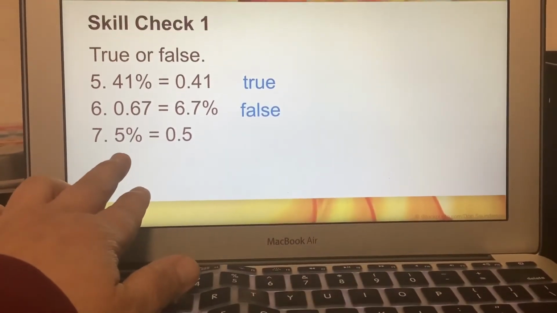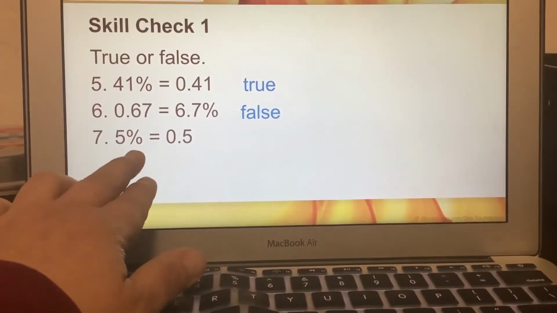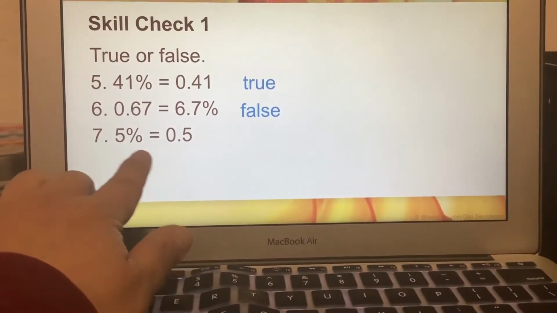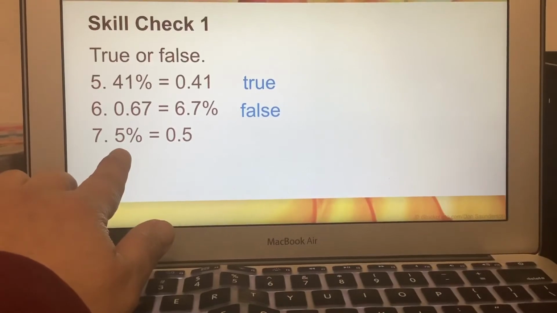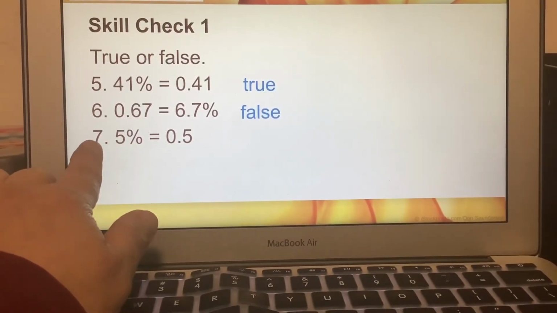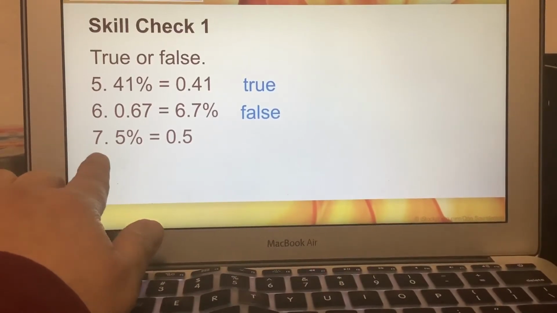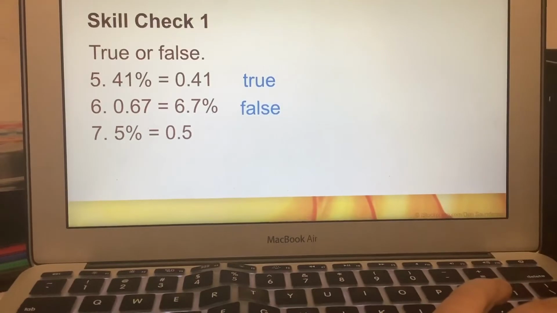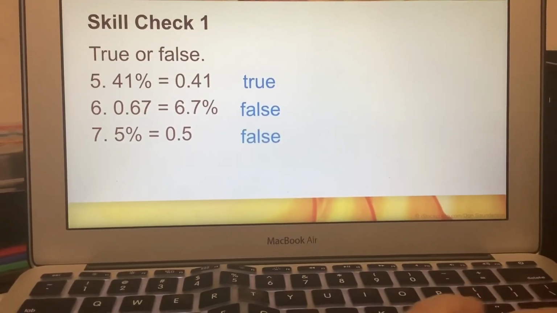Okay, and then I have 5%. Is this equal to 0.5? I actually have to move my decimal over 1, 2 places. No, that is actually equal to 0.05. So this is false.